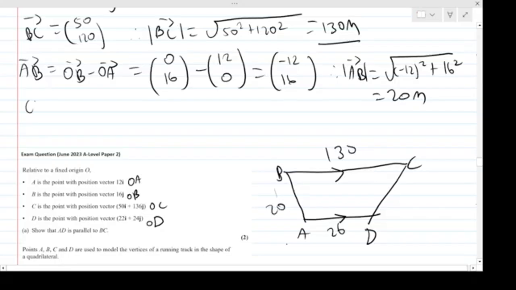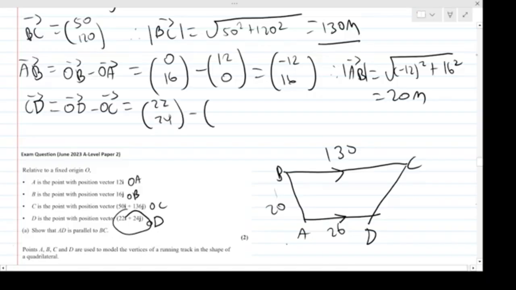So CD, that's going to be OD take away OC. So OD, the vector D, was 22, 24. Take away OC. Now OC was 50 and 136. If I do that, I get, well, 22 take away 50 is minus 28, and 24 take away 136 is minus 112.